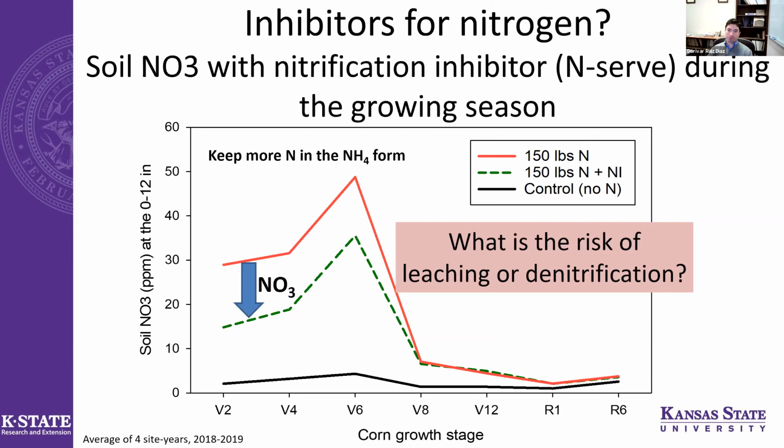So what is the real risk of leaching and denitrification in Western Kansas? I think this is the key point we need to keep in mind. In my opinion, and I'm not saying it's not going to happen, it's very, very unlikely that we'll have significant leaching or denitrification compared to the central and eastern part of the state. Even here, we struggle a little bit to see a yield benefit.